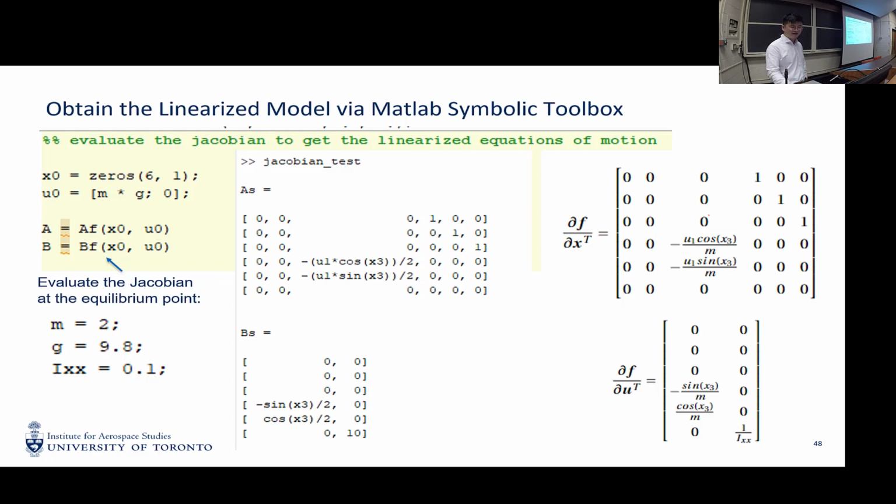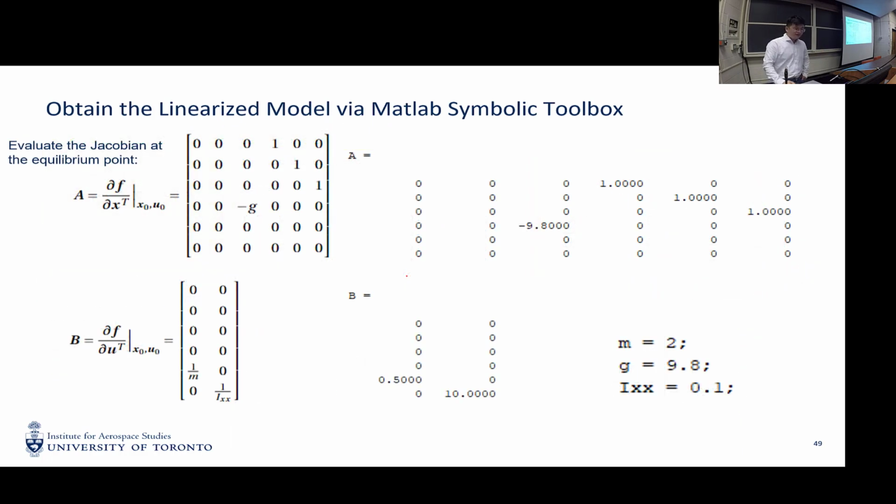As you can see, this is our original result from our hand-derived equations of motion, and this is the result from the MATLAB symbolic toolbox. It gives you the results for you to double check. Okay. And after plugging in the numbers, it gives you exactly the same result.